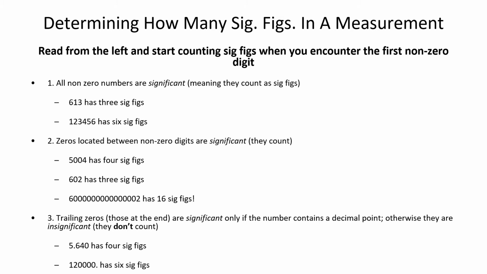Trailing zeros, those at the end of a number, are only significant if the number contains a decimal point, because this implies further precision. Otherwise, they're insignificant. For instance, 5.640 has 4 significant figures. Because the 0 is trailing, all the numbers in this number count as significant figures. 120,000. has 6 significant figures because there is a decimal point behind the number.